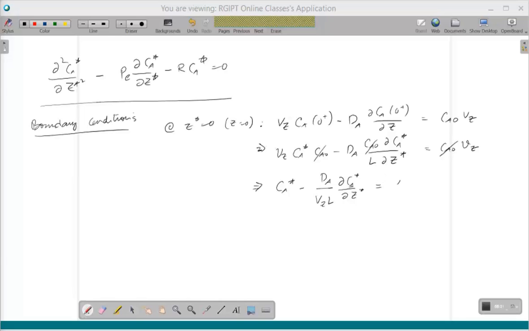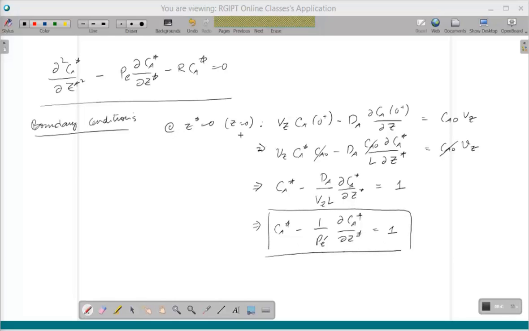So that would imply Ca star minus 1 over Peclet number d Ca star by d Z star equals 1.